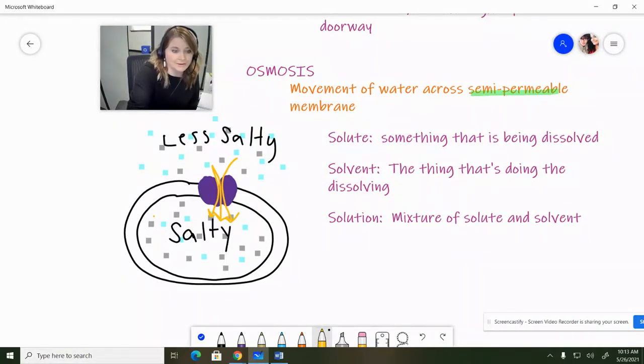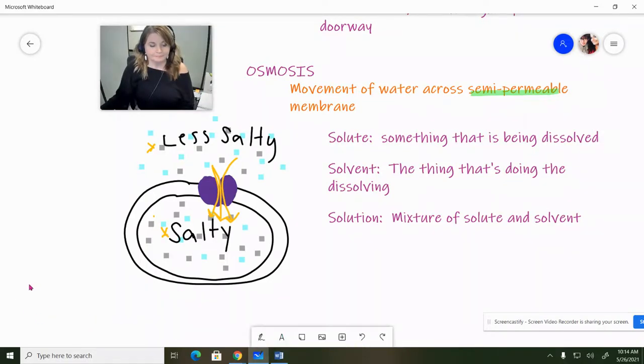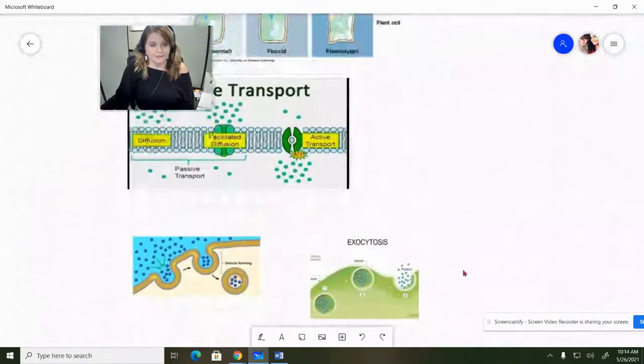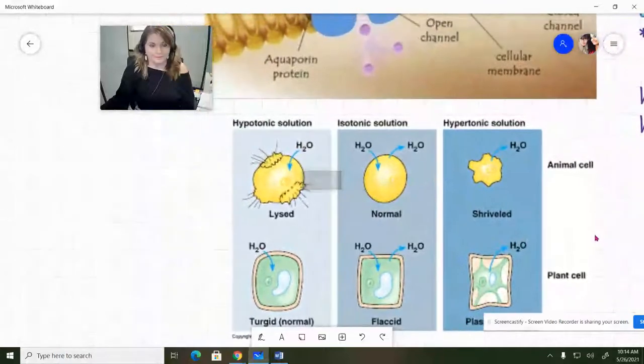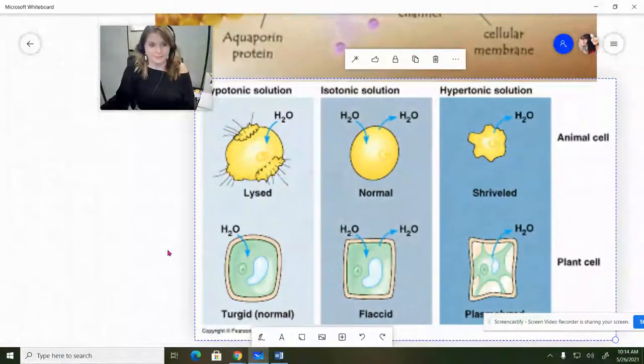So this becomes less here, this becomes more, until they reach a state of equilibrium. You're only moving water. The water is going to move to the area that has a more concentrated solution, so it can dilute that. That's essentially what's happening in every one of these examples. Okay, so if I go back to the picture that I have here, this is the type of solutions that we're talking about.